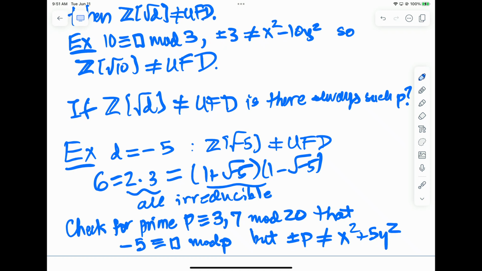So there are tons of primes that exhibit the failure of that converse direction. In a broad sense, for many Z[√d], where d is square-free and not 1 mod 4, when these don't have unique factorization, there will always be such primes. So this peculiar method of showing that Z[√d] doesn't have unique factorization quite often really will work. There's kind of a predetermined guarantee on that.